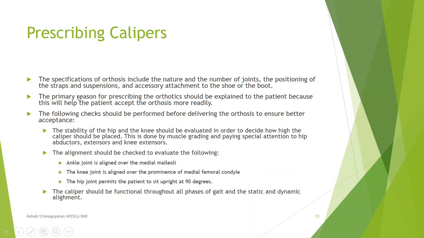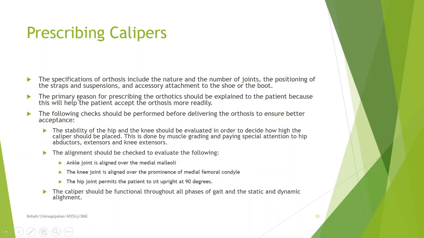So before you prescribe an orthosis, you need to run certain checks. The first one is to assess the stability of the hip and the knee, and it should be evaluated in order to decide how high the caliper should be placed, whether it's okay to go on with a foot orthosis or an AFO, or do they require support to the knee and the hip as well, in which case you refer or prescribe a KAFO or a HKAFO, right?